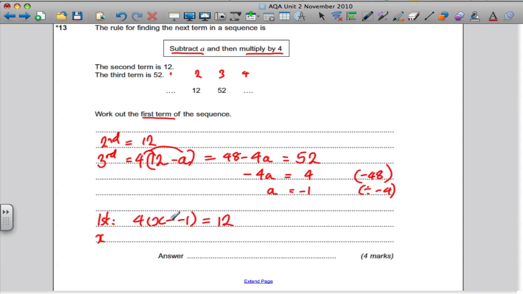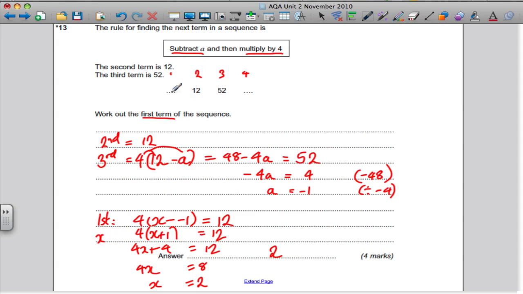Well, x subtract minus 1 is like x plus 1, so this is like 4 times (x plus 1) is 12. Could times out the brackets here to get 4x plus 4 is 12. Subtract 4 from both sides, 4x is 8, so x, our first number, must be 2.